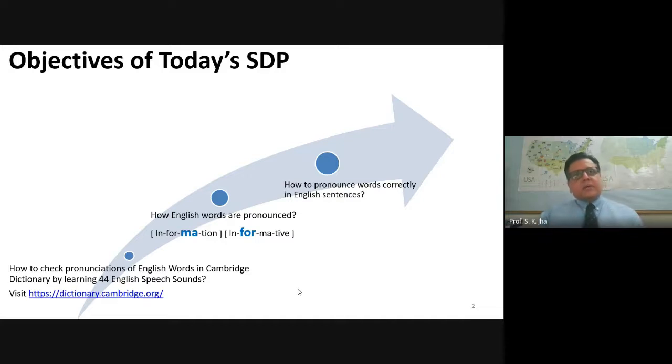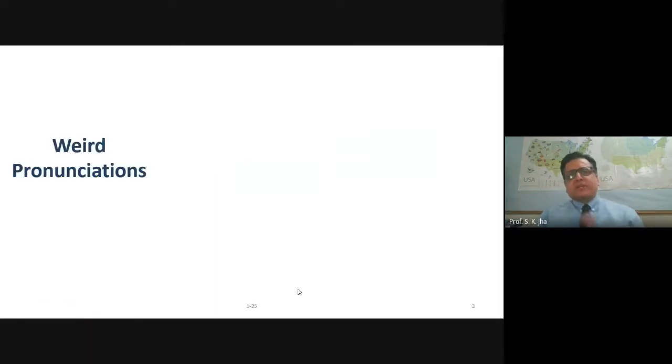So we shall learn these 3 aspects of language in an interactive manner. You can respond to any question or ask any question using your chat box. So now let's move further.